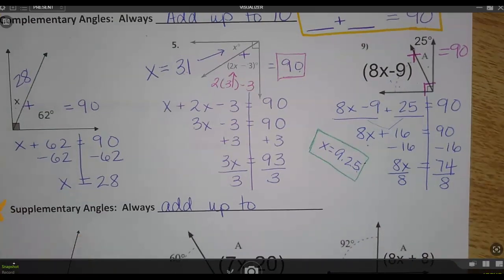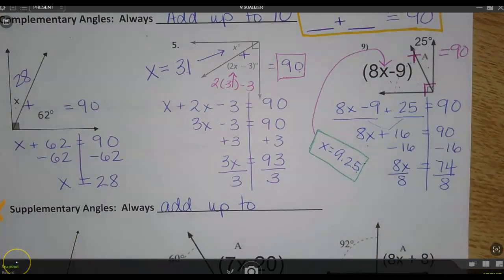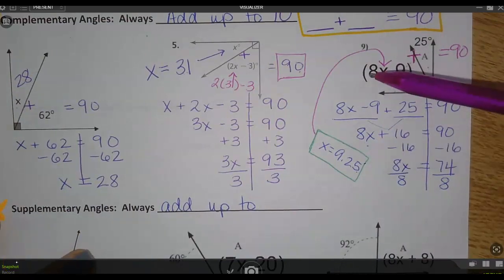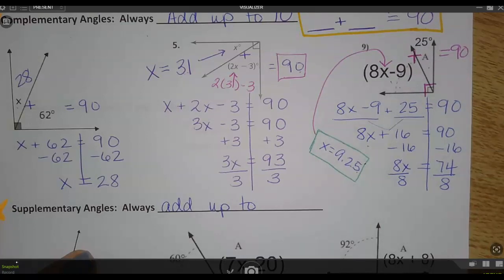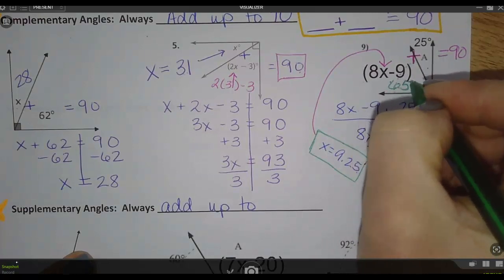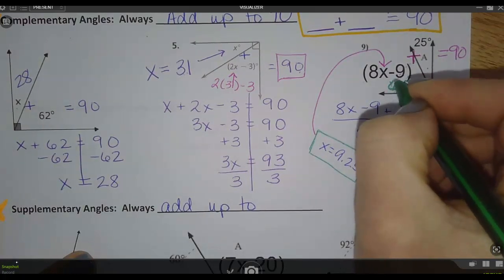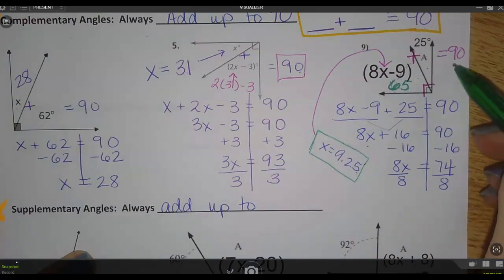I have to take what I got, the 9.25, and plug it in here for x. So I would be doing 8 times 9.25 and then minus 9, and you can do that right on your calculator, and you should get that this angle comes out to 65, which we know it absolutely should because 65 and 25 makes 90.